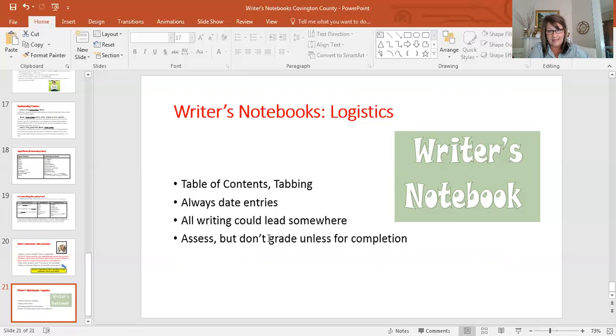So like if you want to take a daily grade or something and give them 5 points for their notebook entry, or however you want to do that. But I wouldn't really focus on the grading of it, but on the assessing of it. So how do you assess it to inform your practice in order to make them better writers? So that was 2 of the foundational practices and how you can merge them, writer's notebooks and sentence frames.